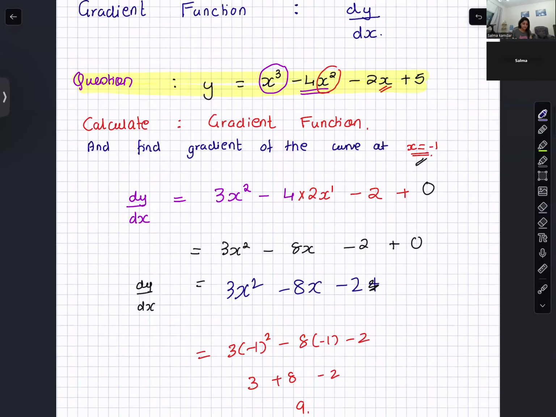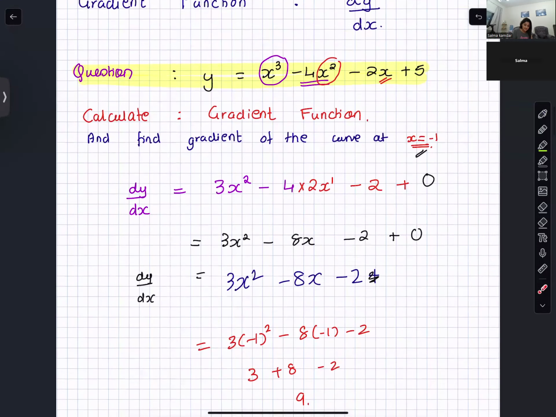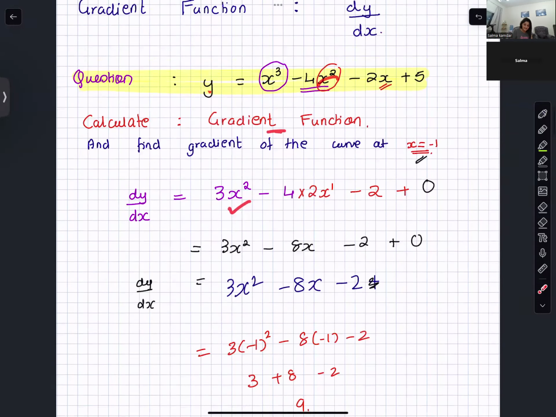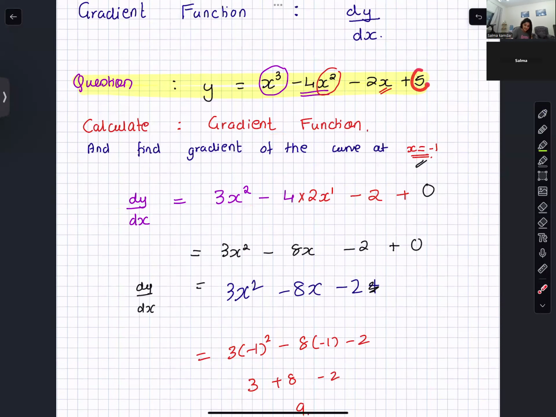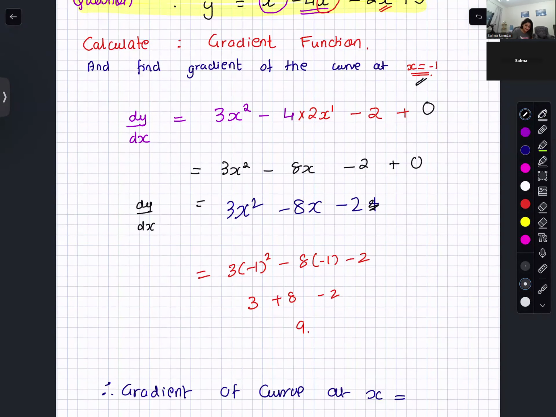Our gradient function is the derivative of y. The derivative of this is 3x squared minus 8x plus 2, and the derivative of the constant is 0. I think I wrote the number by mistake. So I have the derivative dy by dx, that is the gradient function, as 3x squared minus 8x plus 2.